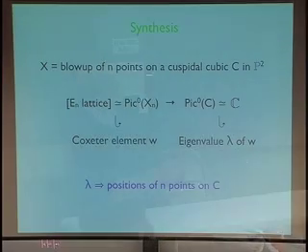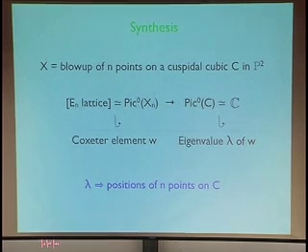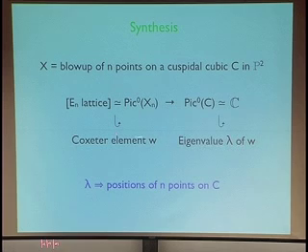But if you restrict yourself to surfaces that are blow-ups of endpoints along a cuspidal cubic, it turns out that those do behave very much like K3 surfaces. And then what you look for is a solution to this commutative diagram here. If you have an automorphism that preserves the cubic curve, it will give you an eigenvector for the action of the Coxeter element on the Picard group of X, which is just this E_n lattice.